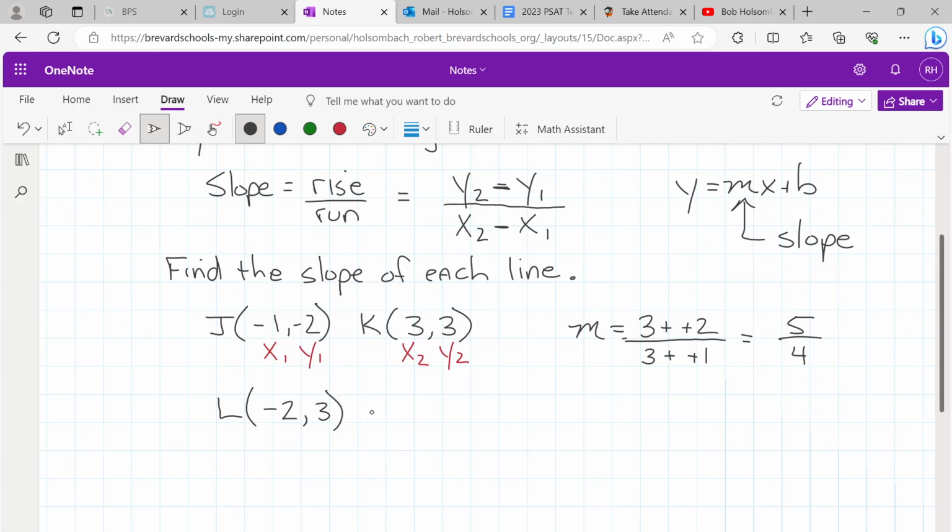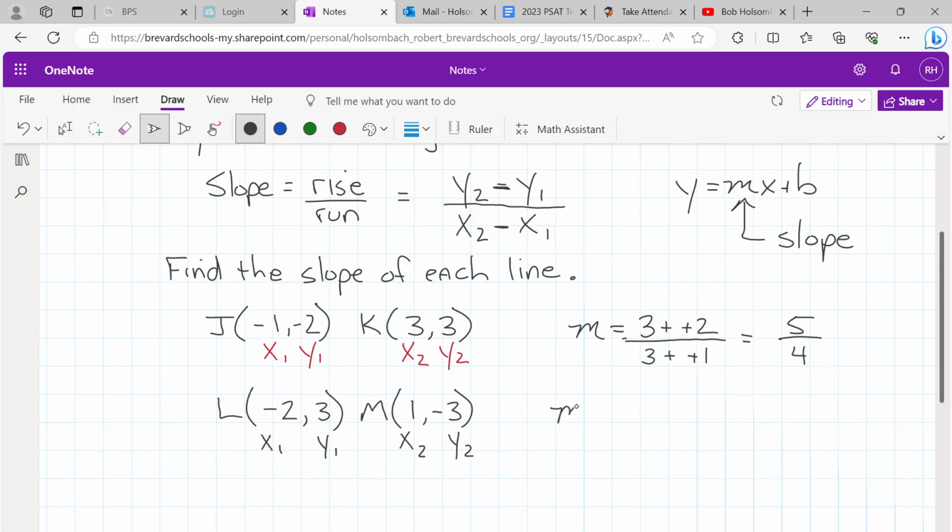We got point M, that is at positive 1 on the x-axis, and negative 3 on the y-axis. So we've got our x sub 1 and our y sub 1, and our x sub 2 and our y sub 2.